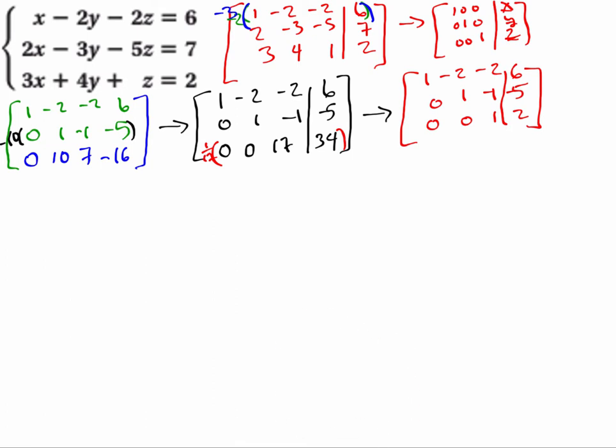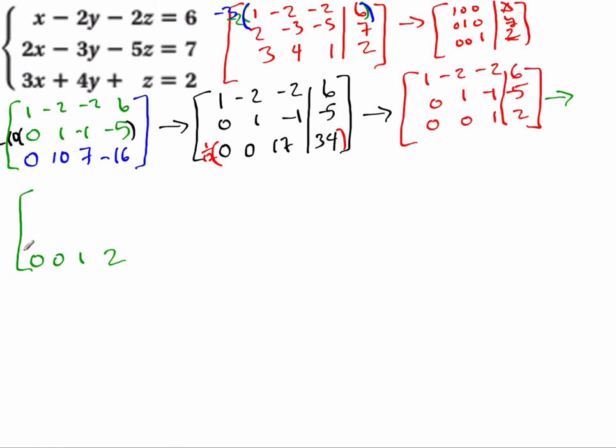Now, I want to get rid of some x values. Oh, excuse me, I've gotten rid of all of my x values. Look at what happens if I add equation 2 and 3 and replace it into 2. I'm not going to really multiply by anything. I'm just going to do that combination there. So I'm going to leave my bottom one because it's in really good shape. I've already done that one.